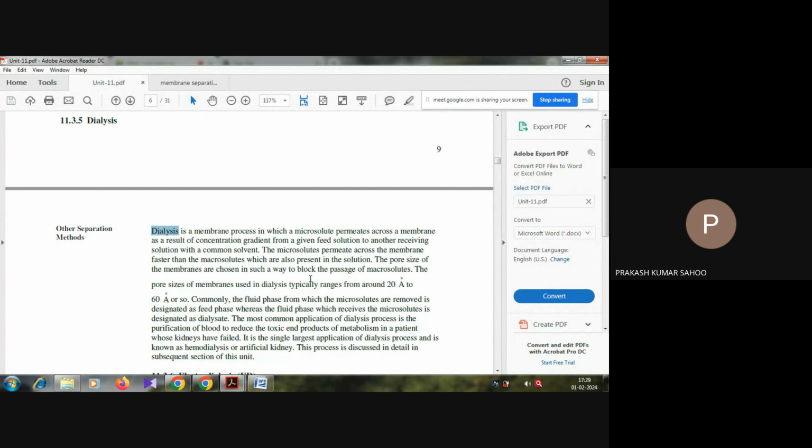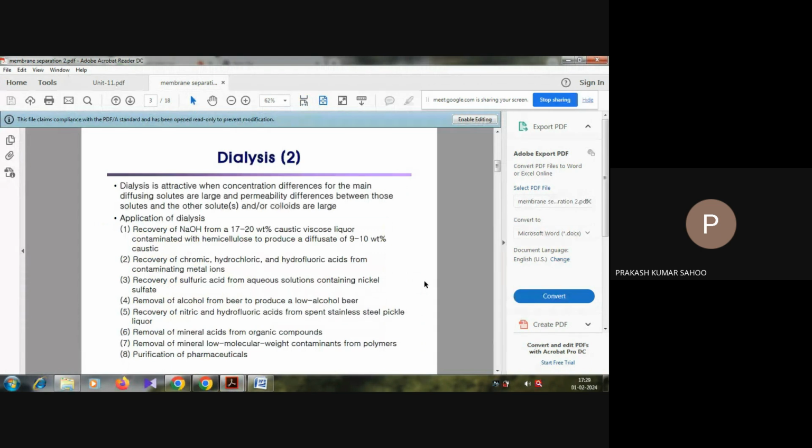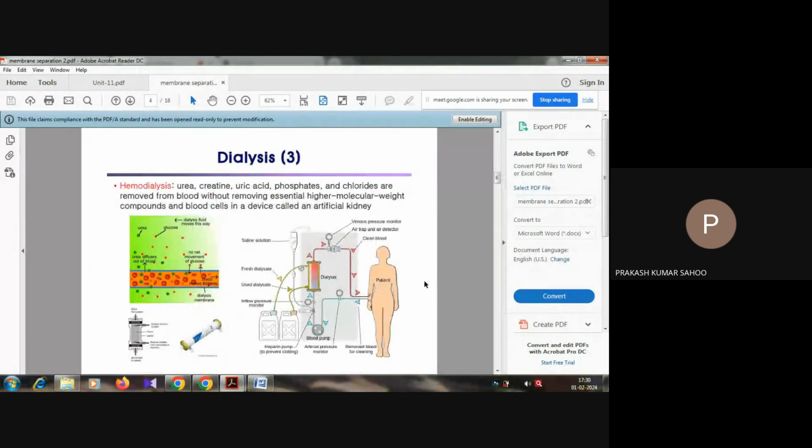So in the dialysis process, the pore size is around 20 angstrom to 60 angstrom. And just to see here, I have one PPT which includes dialysis. Yes, this one is the dialysis process.